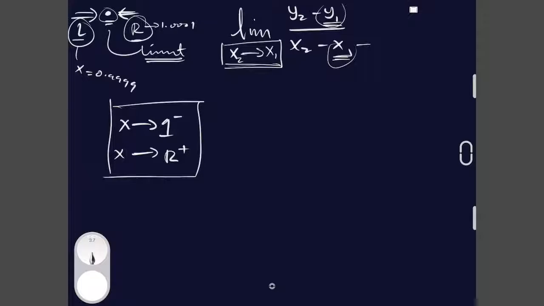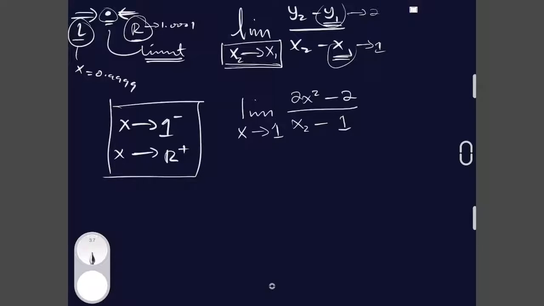So this is just our point 1, and this is the value of our function at 1, which was 2. So we can write the limit as x approaches 1 of our function, 2x squared minus 2 all over x minus 1.